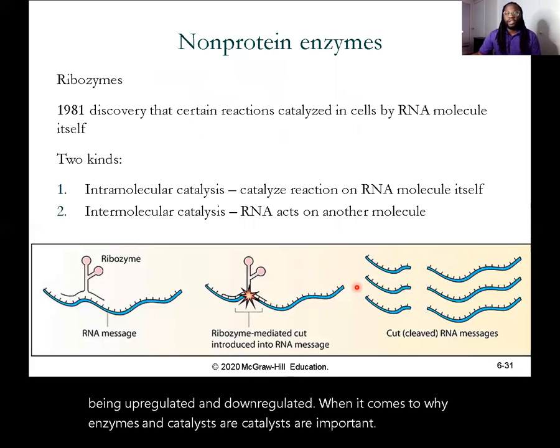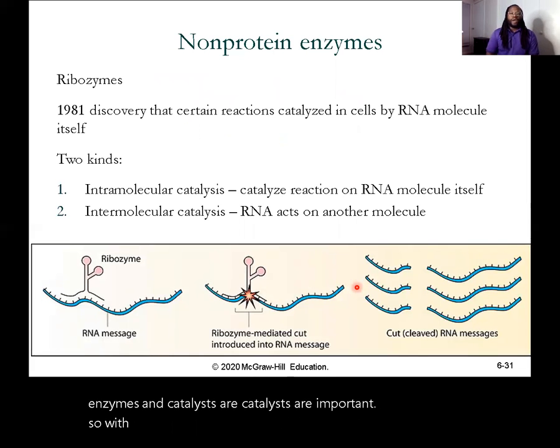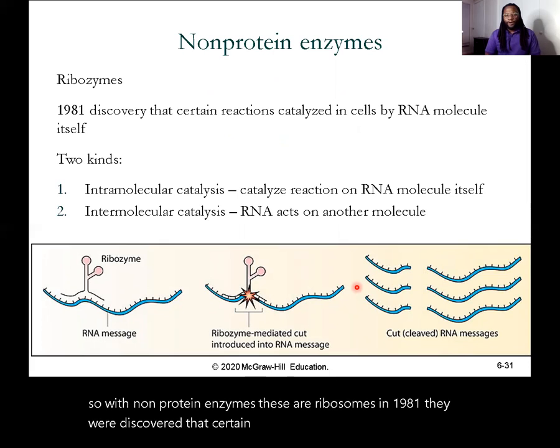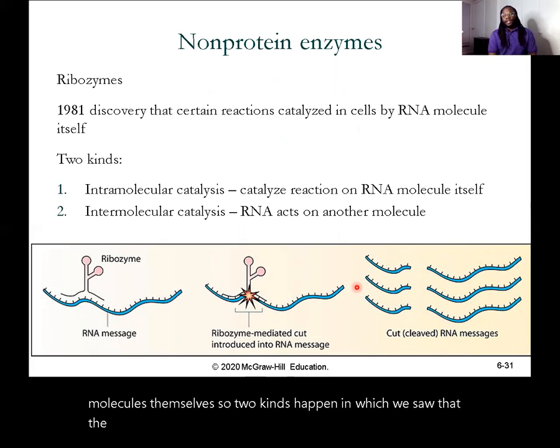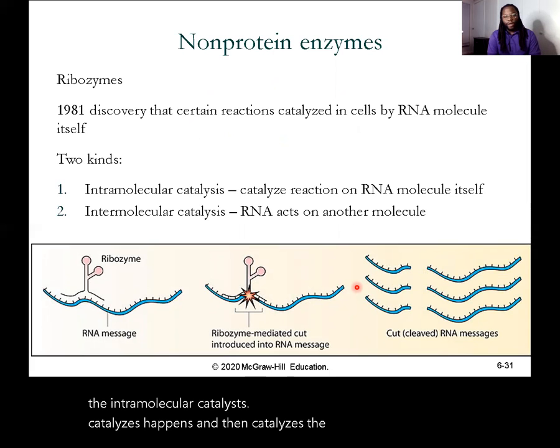So with non-protein enzymes, these are ribozymes. In 1981, it was discovered that certain reactions in cells are catalyzed by RNA molecules themselves. Two kinds happen. In intramolecular catalysis, the RNA catalyzes a reaction on the RNA molecule itself.